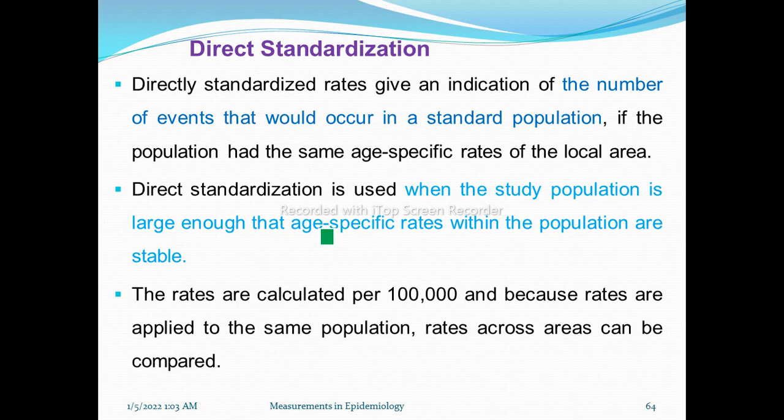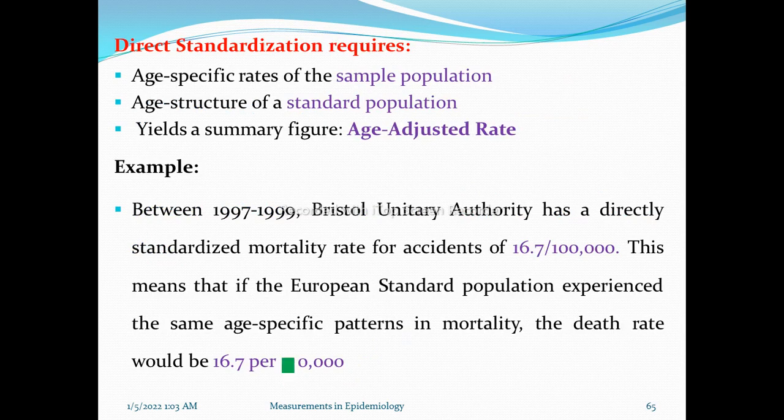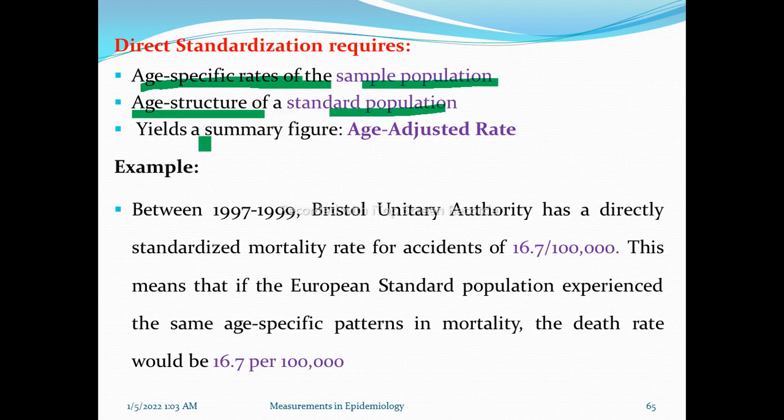Rates are calculated per 1,000, and because rates are applied to the same population, rates across areas can be compared. In direct standardization, we need the age-specific rates of the sample population, the age structure of the standard population, and the summary figure is the age-adjusted rate.